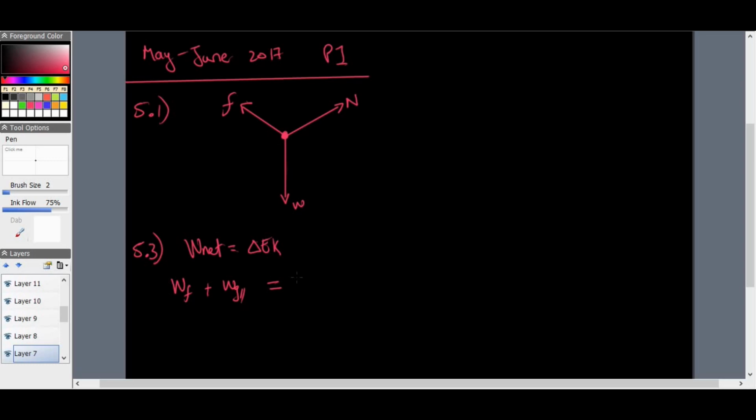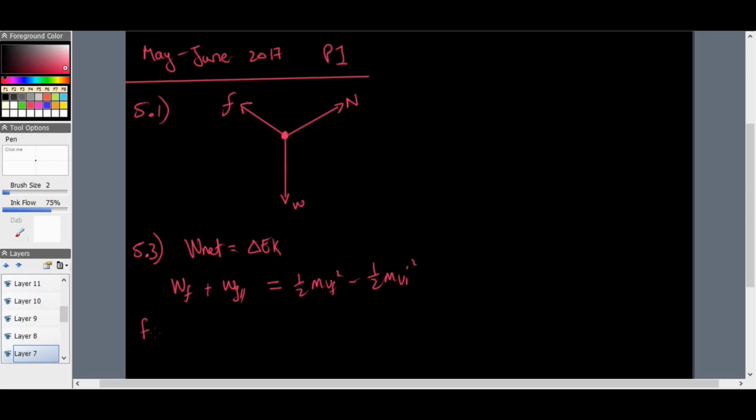And of course that would be, let me see, am I correct in saying this? Yes, I am correct in saying this. Then that is equal to half m vf squared minus half m vi squared.